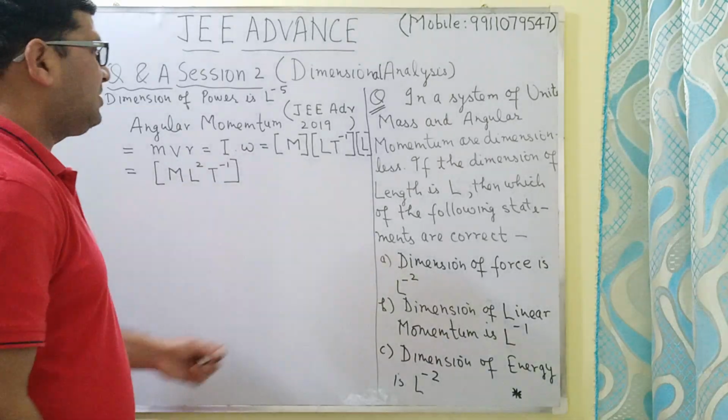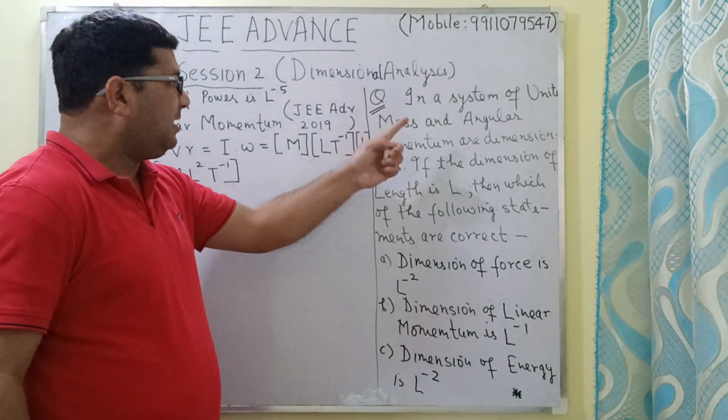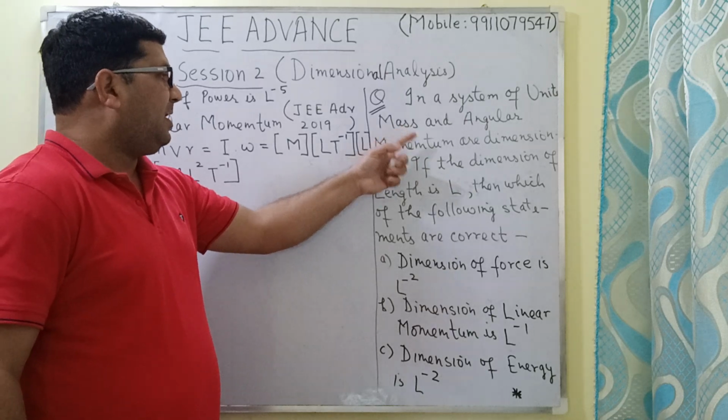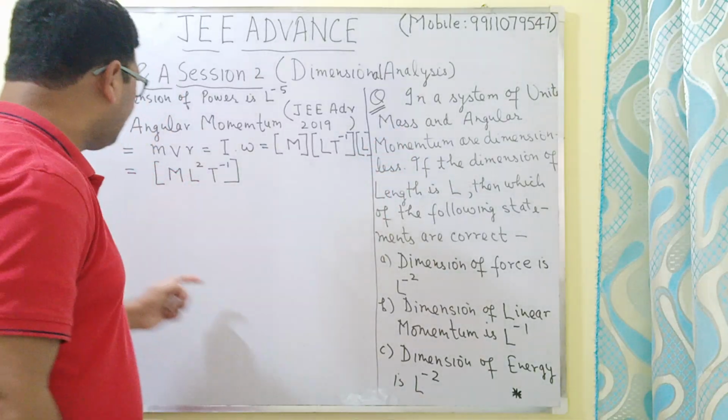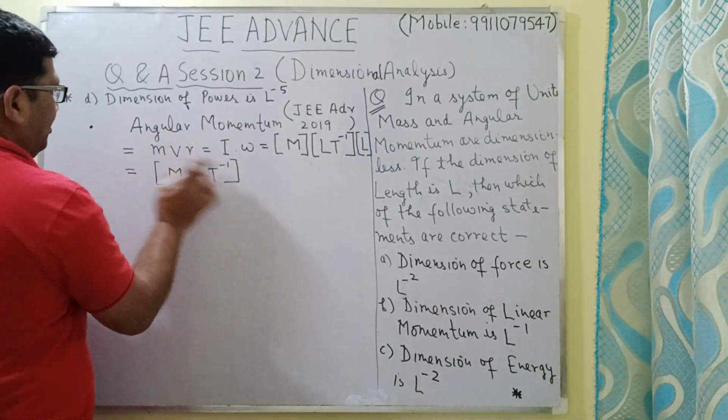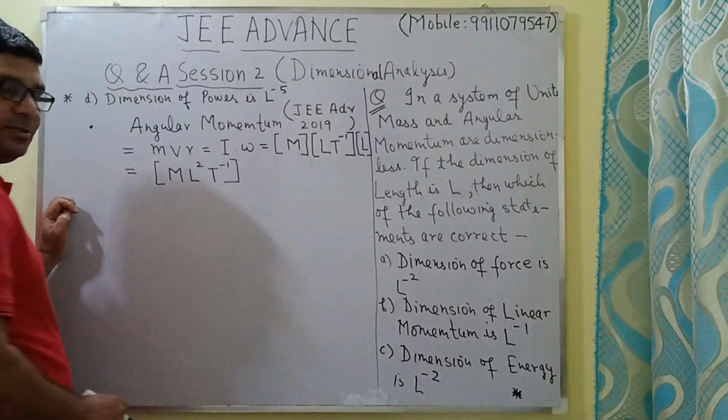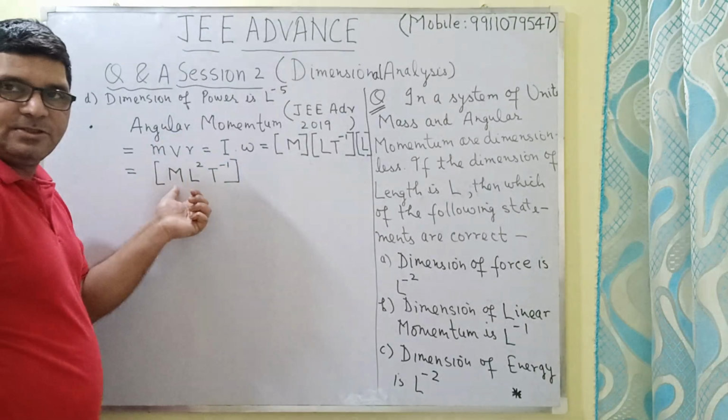Now in the question it is written that in a particular system of unit, the mass and angular momentum are dimensionless. So this angular momentum is dimensionless. Here mass is dimensionless.